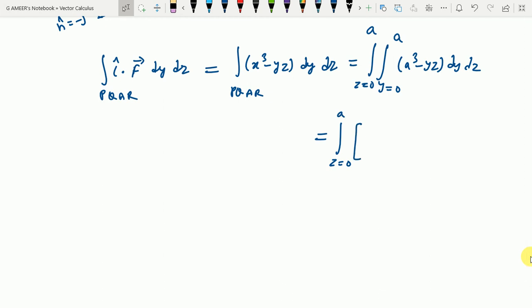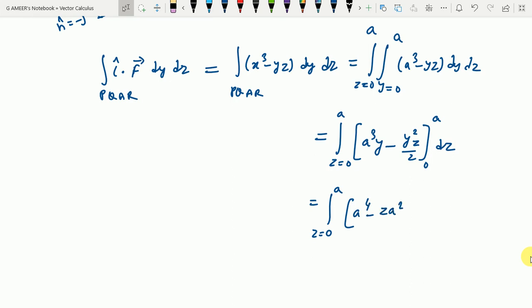So the first one will be a cube y minus y square z by 2, limits from 0 to a into dz. When I substitute the limits for y, 0 to a, this will become upper limit a power 4 minus z a square by 2, and the lower limit I substitute, I will get 0 only, into dz.